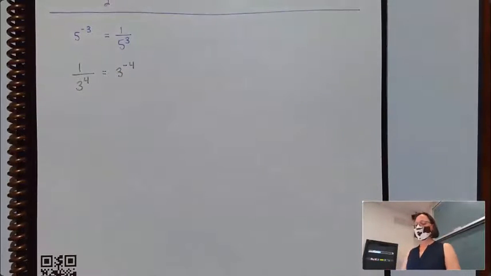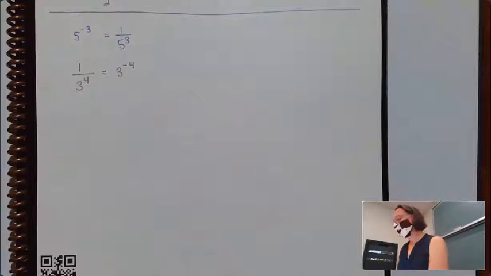Now going back and forth between these two notations is going to be useful as sort of a pre-calculus and calculus tool. It's also going to be useful in terms of just checking your work in the back of the book.